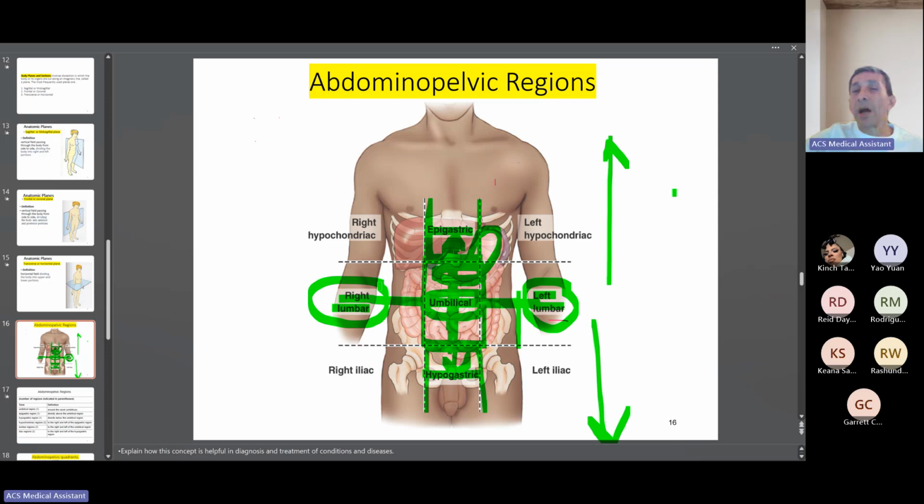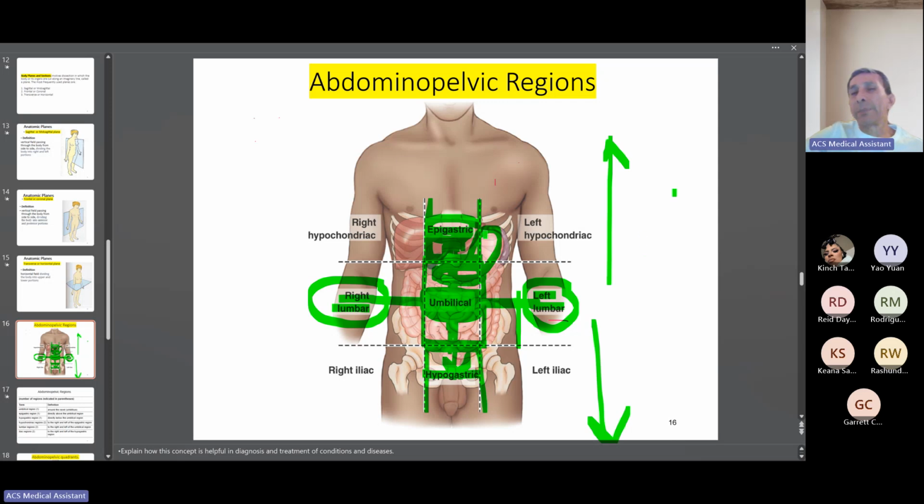They're gonna ask you about the epigastric area, because the epigastric is above the umbilical, and the umbilical is very important. So the umbilical is the main landmark. So they're gonna ask you, what is umbilical referring to? So then you're gonna look for belly. That's it. So that's the umbilical area or region.